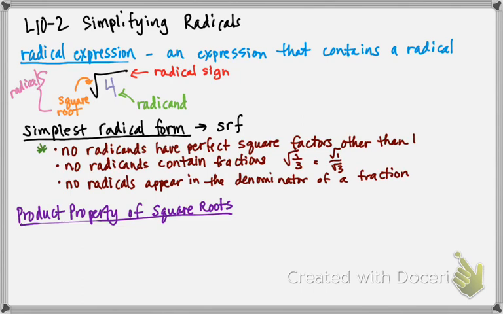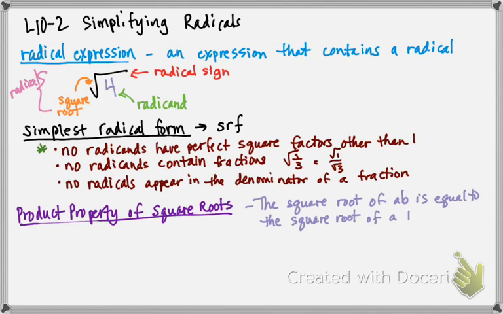And this fine friend says the square root of the product AB, so when I have two variables next to each other, they're being multiplied, the product AB is equal to the square root of A times the square root of B. So basically what it's talking about is we can take the square root of a product and break it down into the square root of its factors.